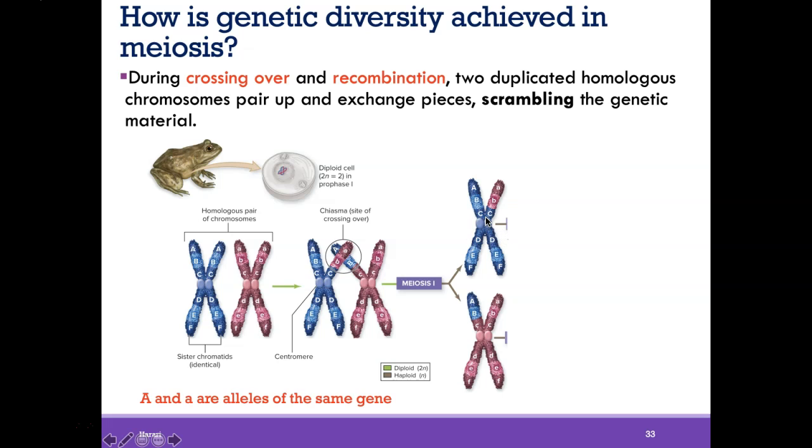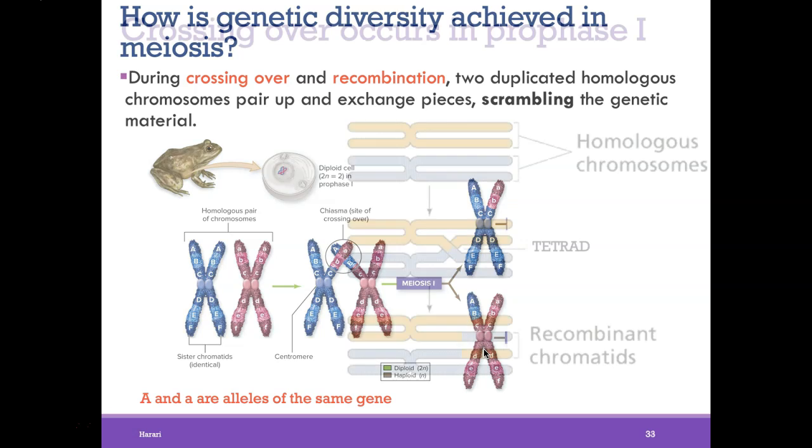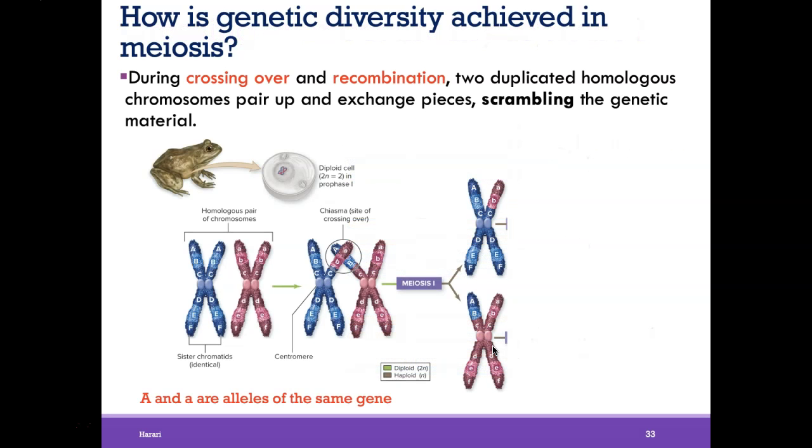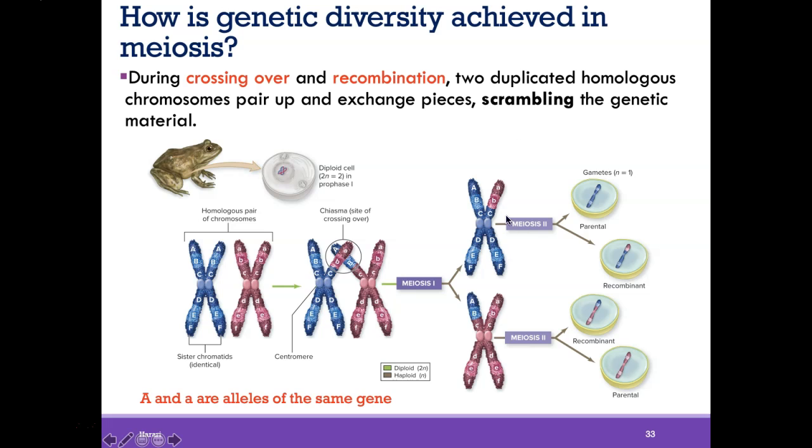And in meiosis II, that haploid DNA will then divide into 2 separate cells. So after meiosis II, each of these sister chromatids will separate from each other, and we're going to end up with 4 haploid gametes.